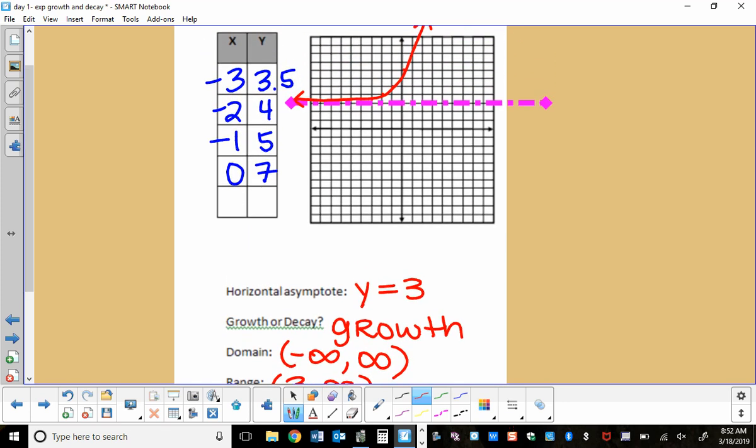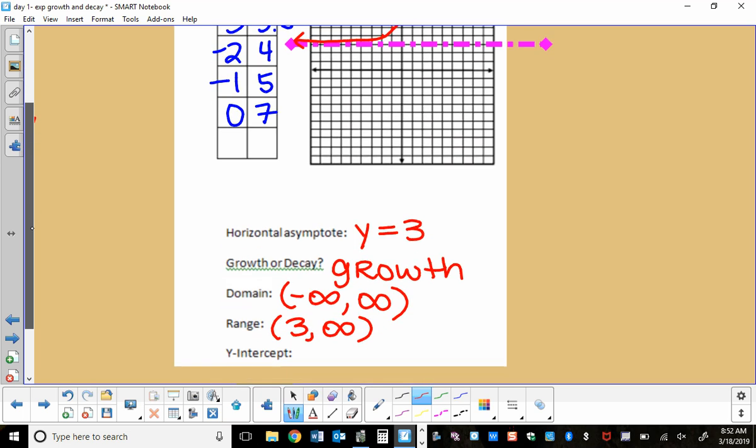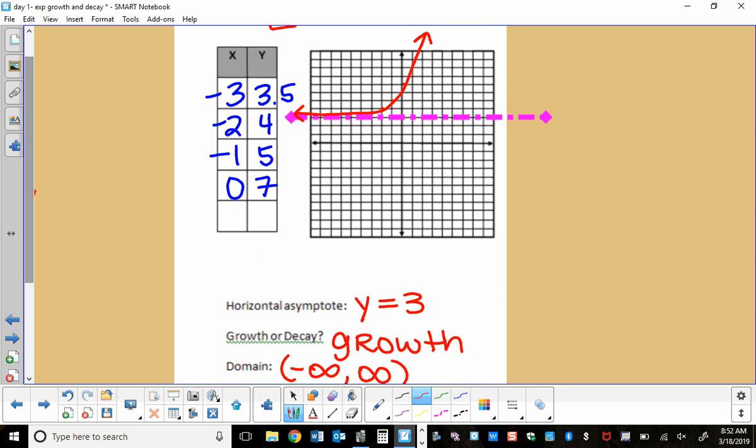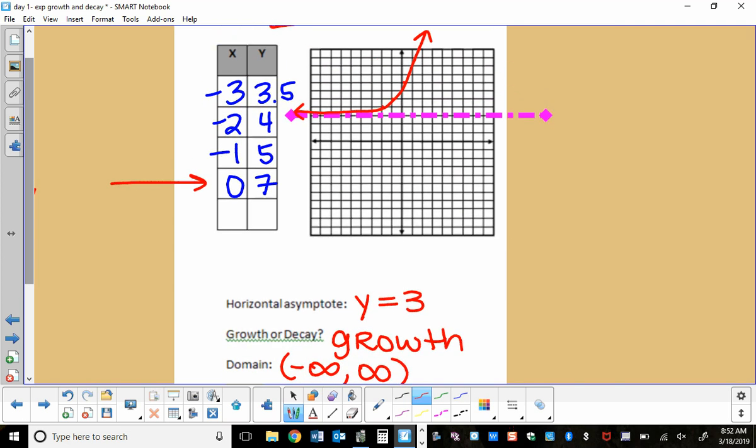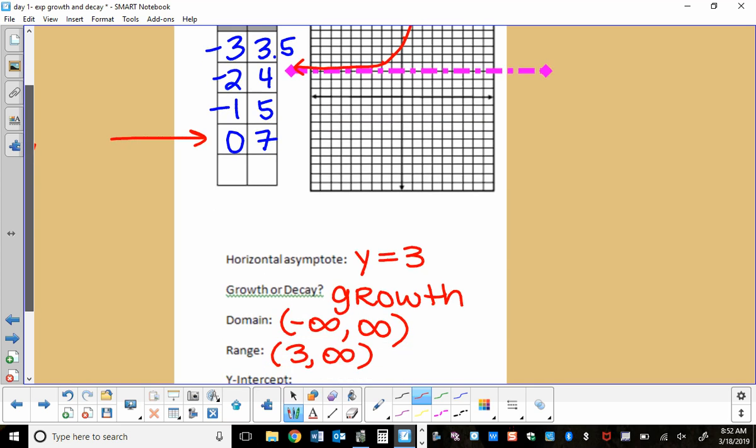And Anthony, for your y-intercept, where are you crossing the y-axis? Not quite. What's this point here? 0, 7. Yep. So you're looking for where you're crossing this y-axis, which is at 0, 7, or looking at your calculator for where x is 0.